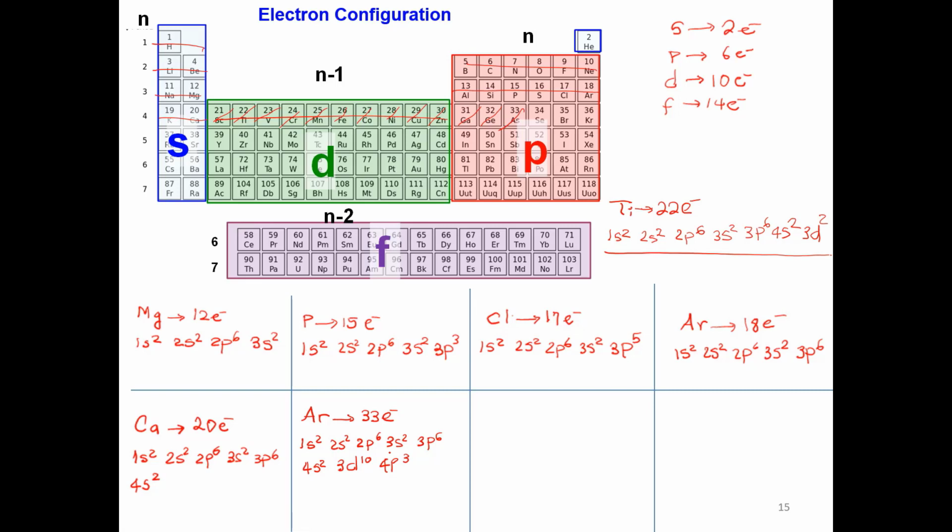Let's try now bromine. And how many electrons in case of bromine? We had 35 electrons.